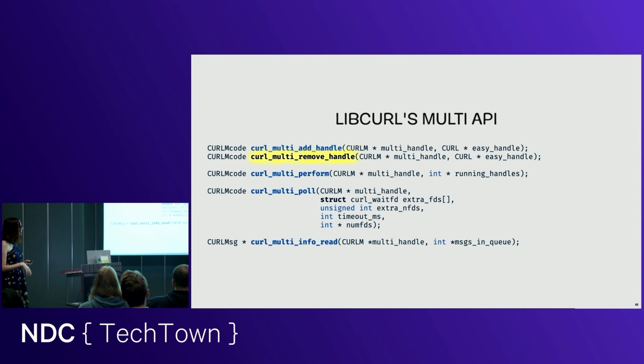You can remove it also, and you can call multi-perform, which will do I/O for you on multiple handles together, in parallel, asynchronously. And you can also poll on the I/O, on read and events from the network. And you can ask the library, hey, let me know which handle was finished. You can get multiple of them by calling this function multiple times.